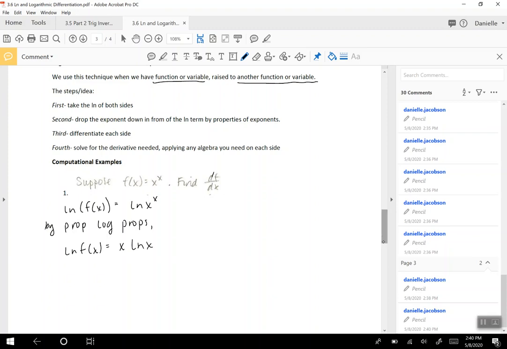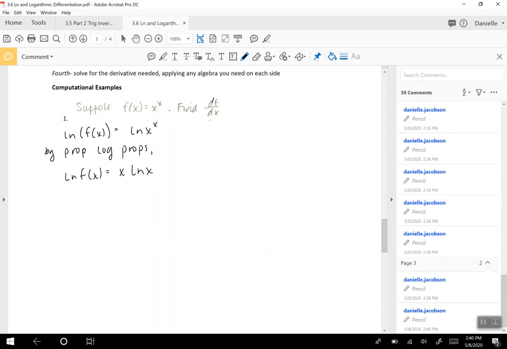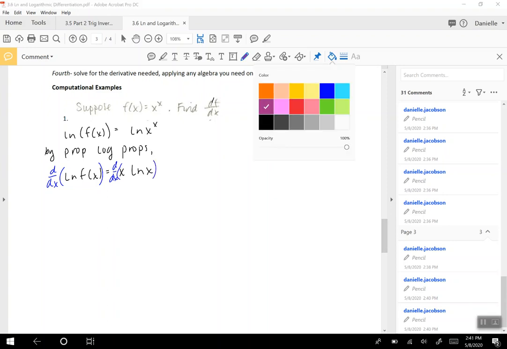Now I'm going to go ahead and take the derivative of both sides. So that would be d dx of the left and d dx of the right. On the left-hand side, I have the natural log of another function, which means I'm going to use the chain rule. My outside function is the natural log.